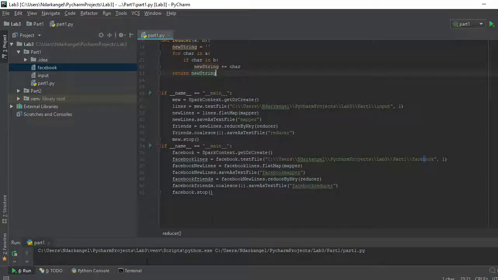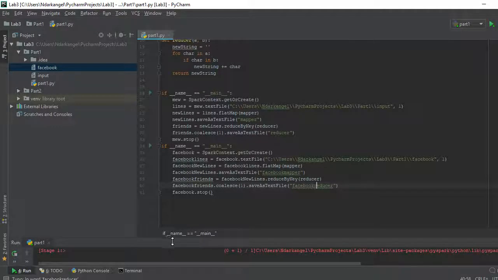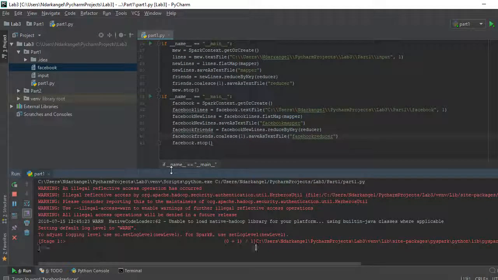Now we're running this program. Here you should create one for the mapper and reducer for the first input, and the second one is the Facebook mapper and reducer. This is the final result that comes from the reducer. Let's wait. You can see it's working, doing its own job.